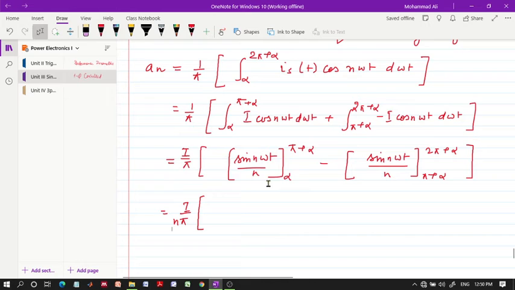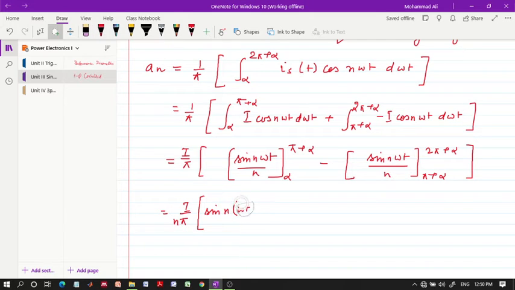And what will this one be? This one will become sine n times omega t. Instead of omega t, what should I write?